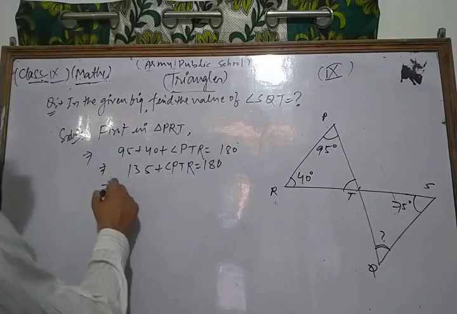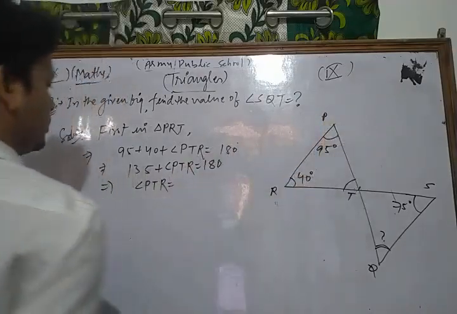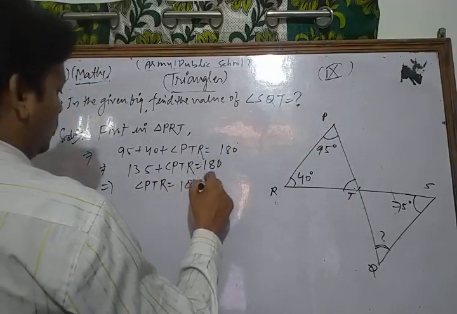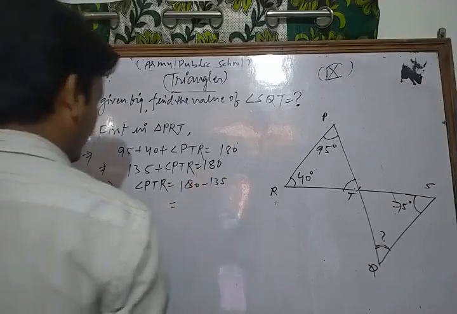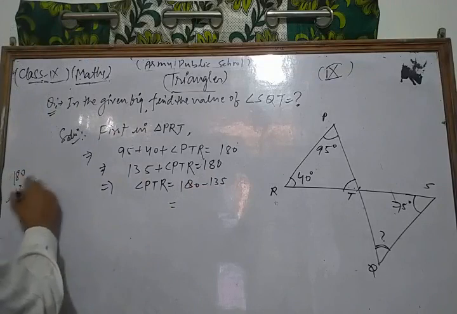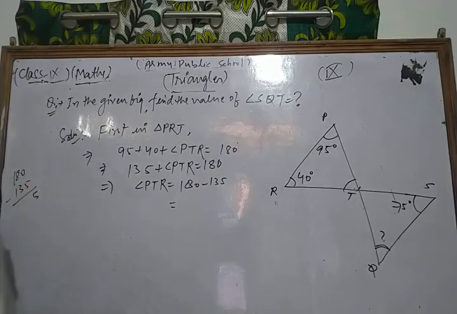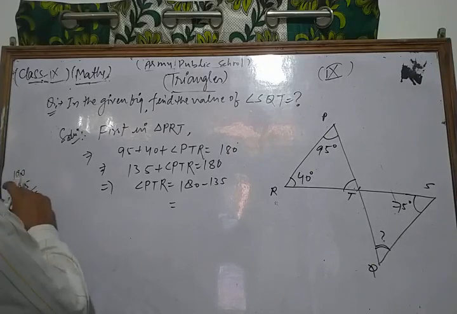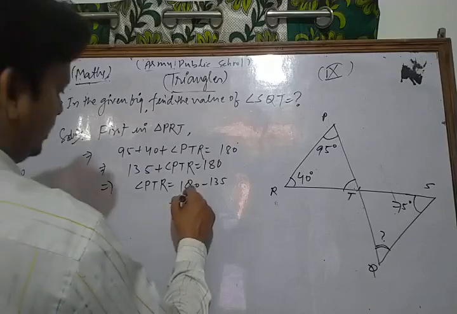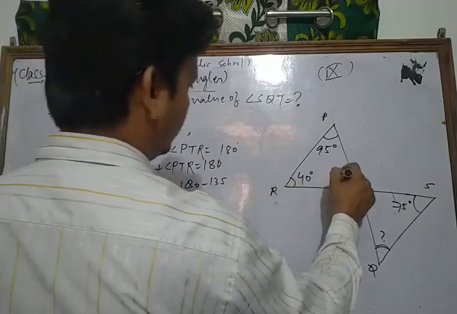Now we find the angle: angle PTR is equal to 180 minus 135, which is 45.